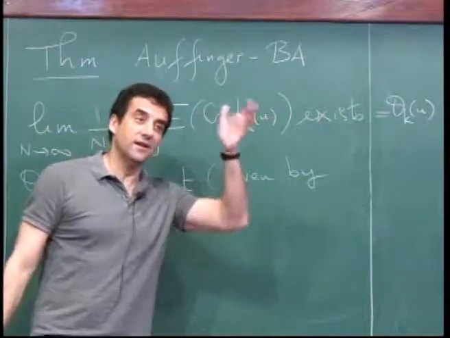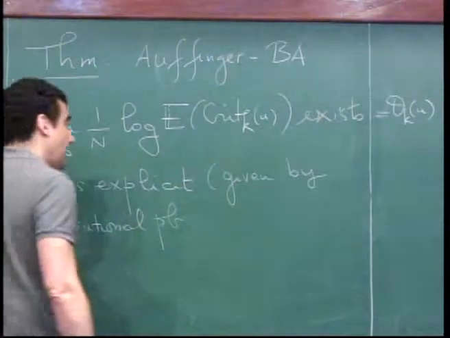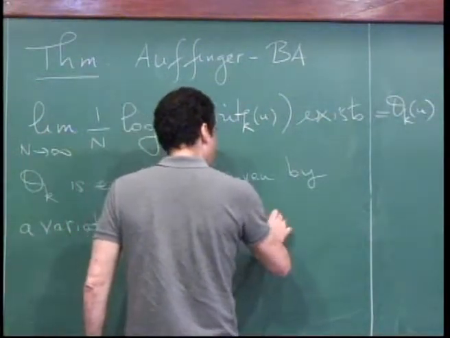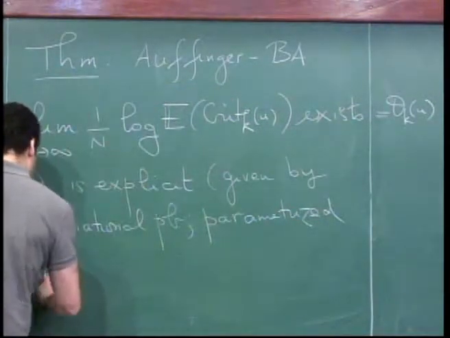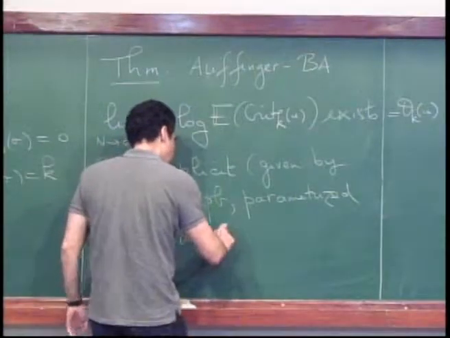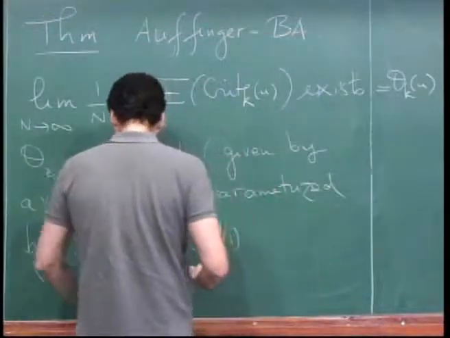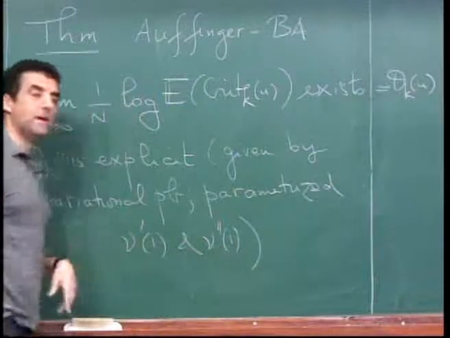It's not like the Parisi formula. It's in 2 dimensions. And this problem is parametrized by only 2 numbers, which are nu prime of 1 and nu second of 1. Okay?